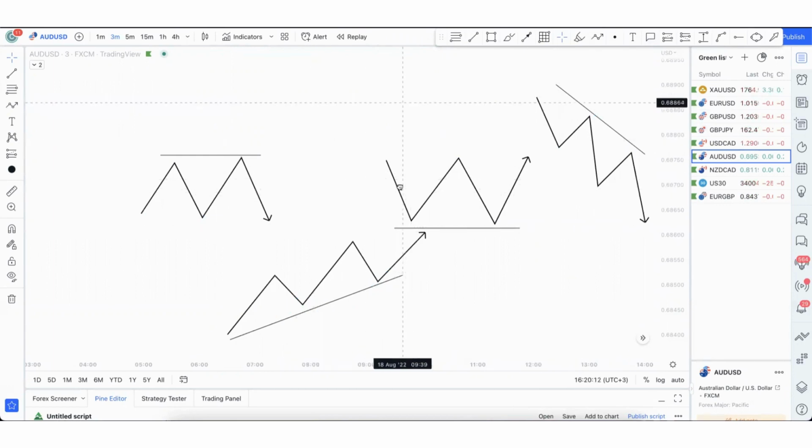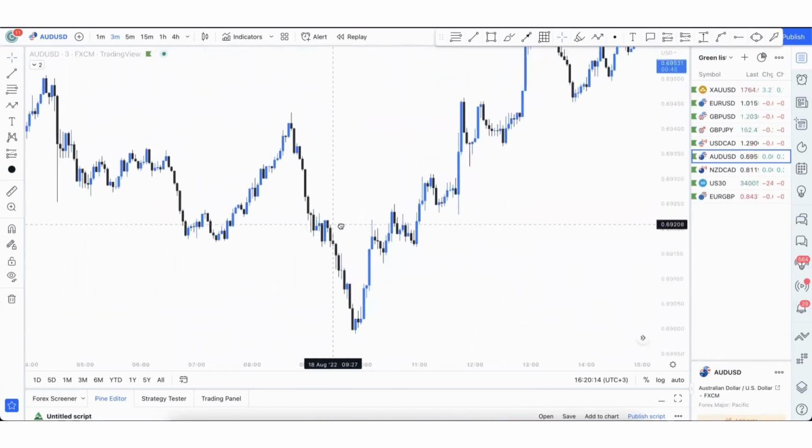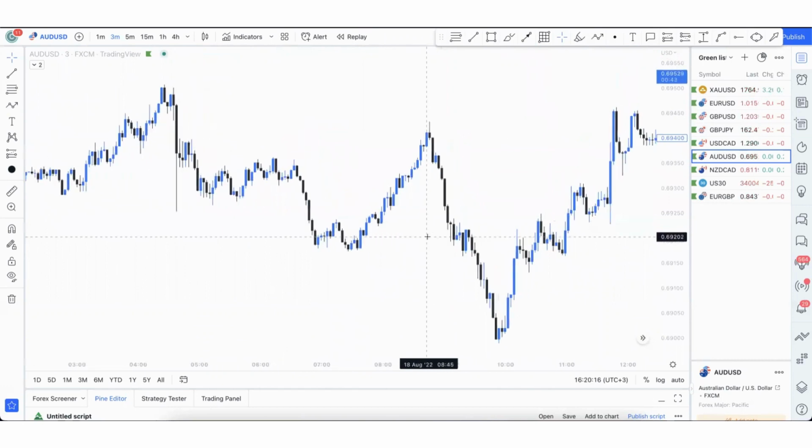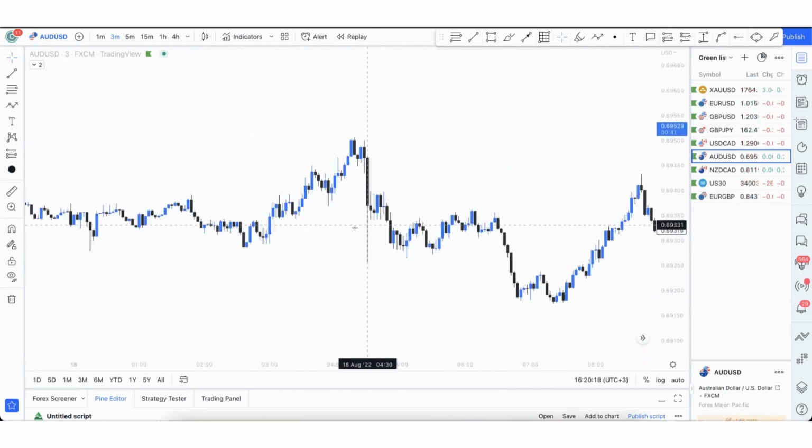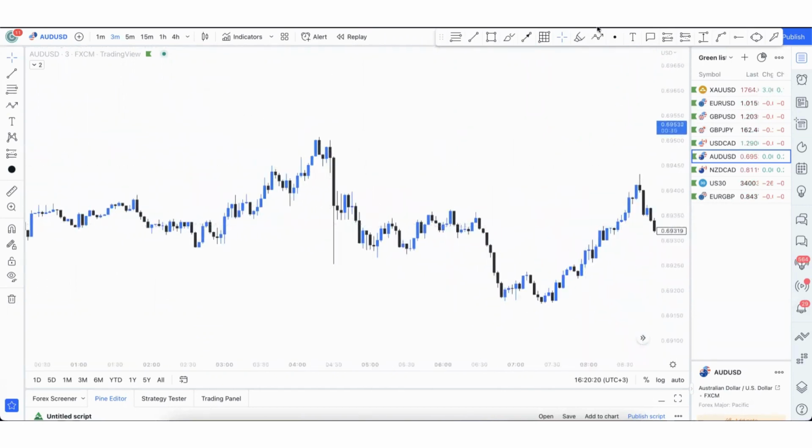So let me show you a sample chart. In this one, as you can see here, price has this uptrend structure, right? So usually the retail traders draw a trend line like this one.